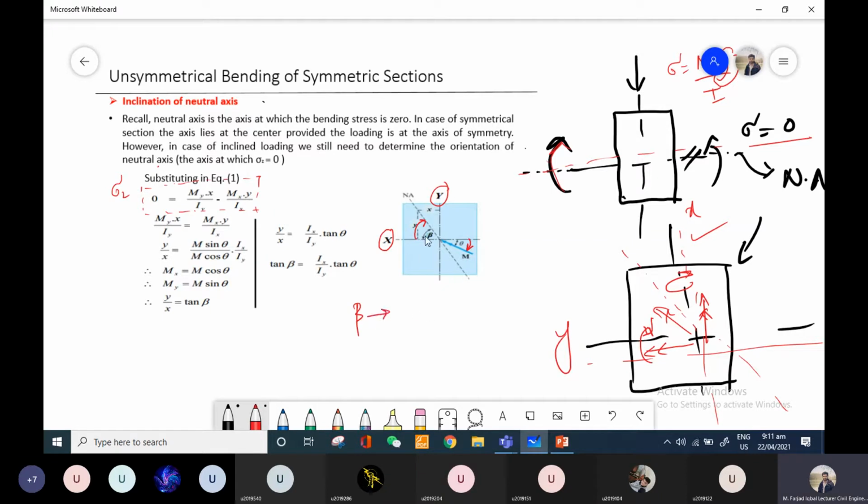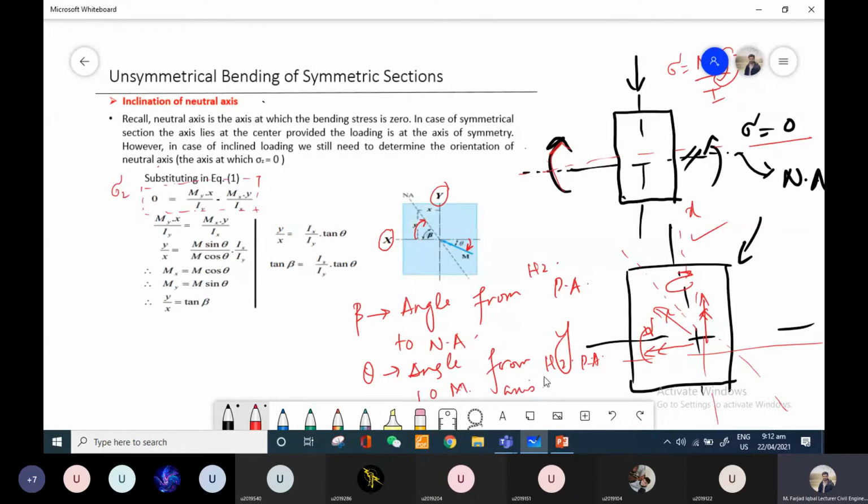Now these horizontal axes are also principal axes. So beta is the angle from the horizontal principal axis to the neutral axis, and theta is the angle from the horizontal principal axis to the moment axis.